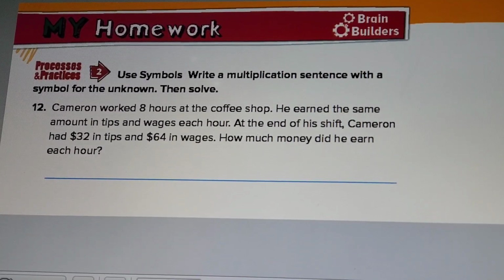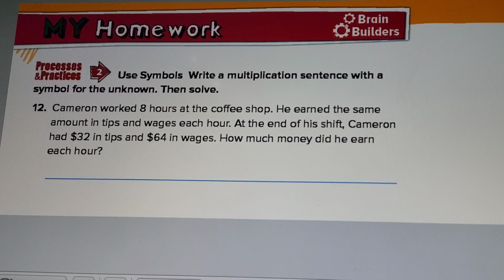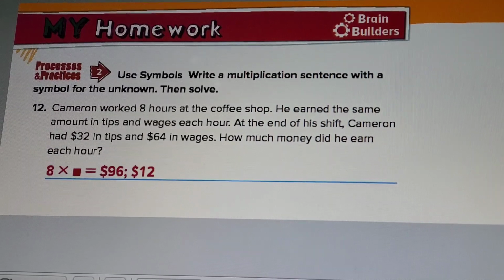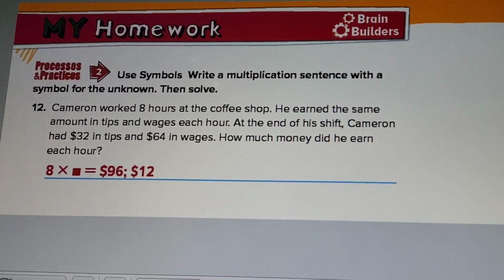First we're going to add up how much money he earned in total. $32 plus $64 gives you $96. So 8 times unknown equals 96. If you look on your multiplication chart, that'd be the easiest way to find this. 8 times unknown equals 96 would be $12 an hour he earned.